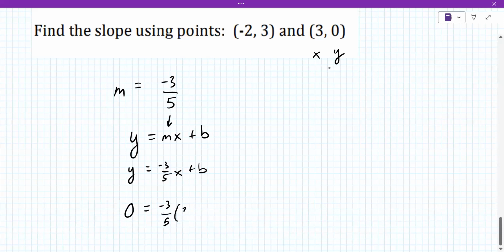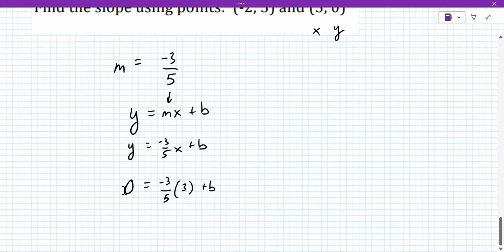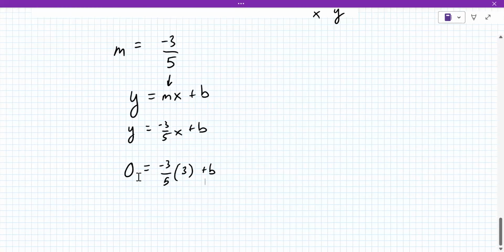You put 0 in for y, and x is 3, plus b. So it will be 0 equals minus 3/5 times 3. Well, you're multiplying the top, and treat this 3 as 3 over 1.